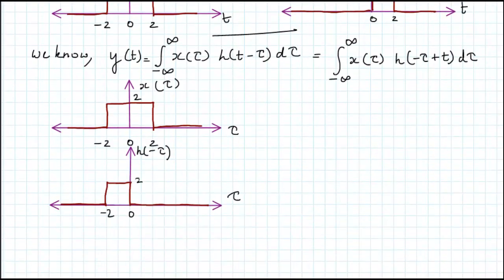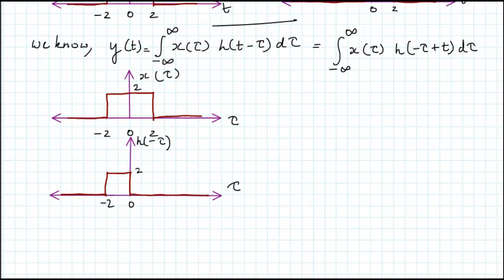And the first thing that we drew was x of tau and h of minus tau by considering that t is equal to 0, and that is what we are having here. So when we consider t is equal to 0, look at what is the value at t is equal to 0. Here, this is the value at t is equal to 0.